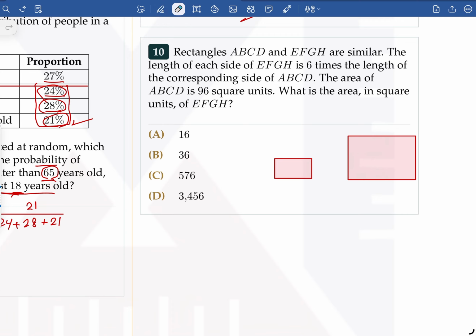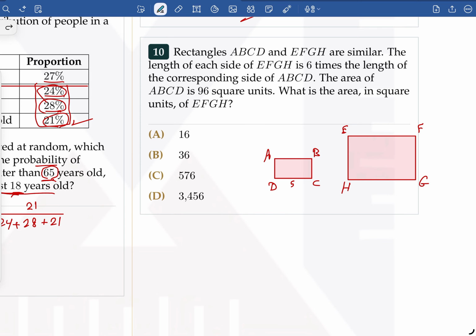So this is ABCD. And here EFGH. Every side length in this is 6 times this one. So for example, if this is 5, this will be 6 times 5, which is 30, and so on.